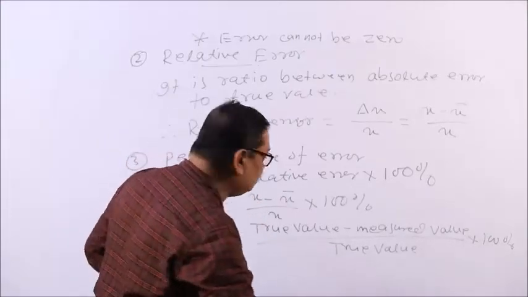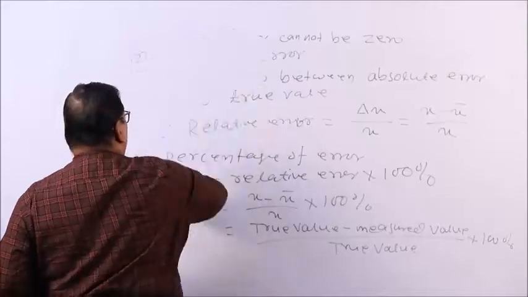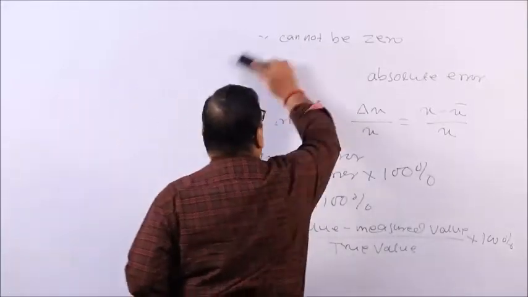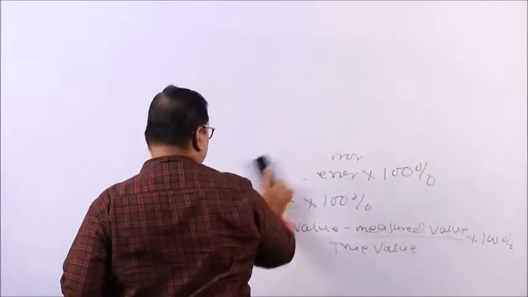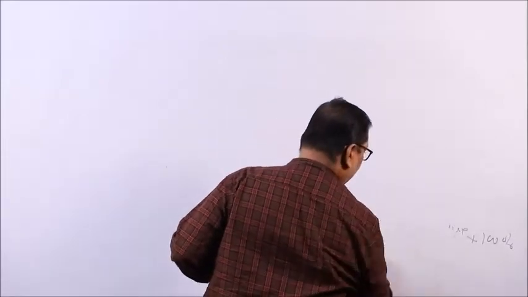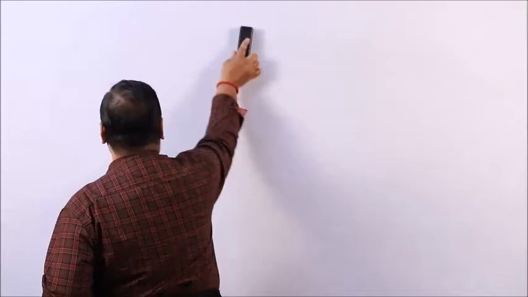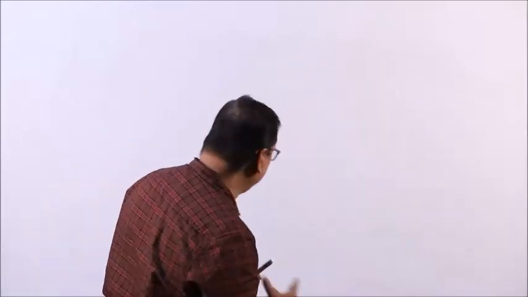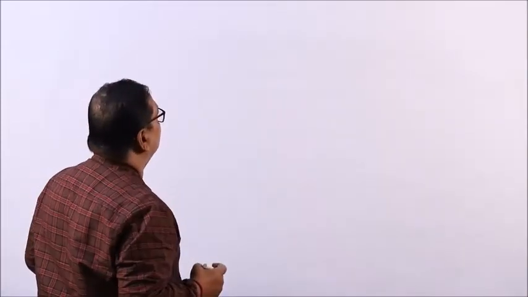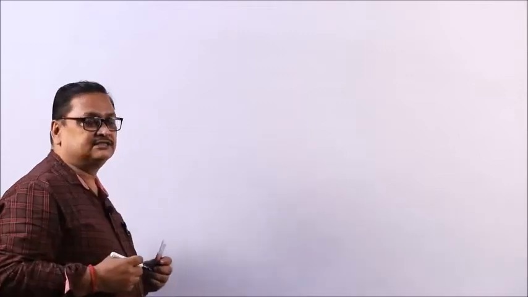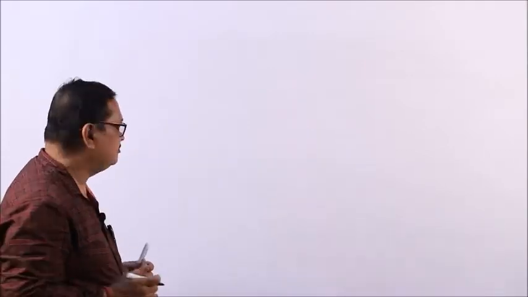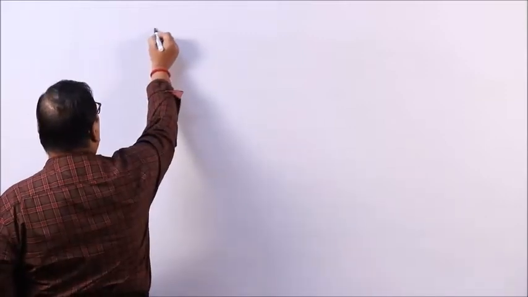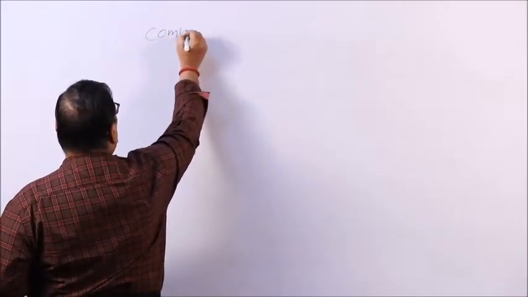Now, we will discuss another very important thing about error, that is known as propagation of error or combination of error. We will see in different processes how error operates, whether error increases or decreases or remains constant.